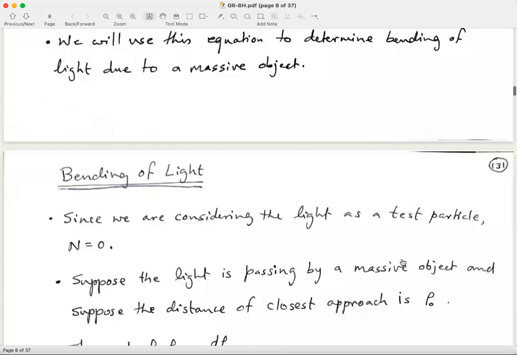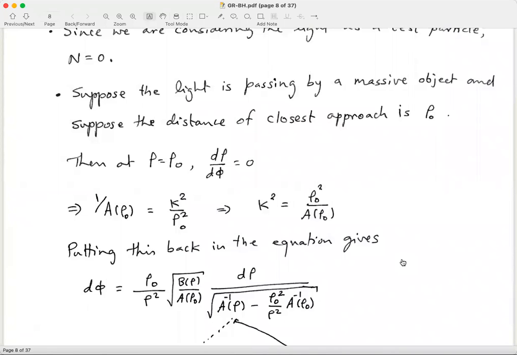Okay, so what we'll do is look at the passage of light, and ask how the trajectory of the light would bend because of the curvature of space-time generated by a massive object. We will assume that the distance of closest approach for the light is some value of rho, which we call rho naught.